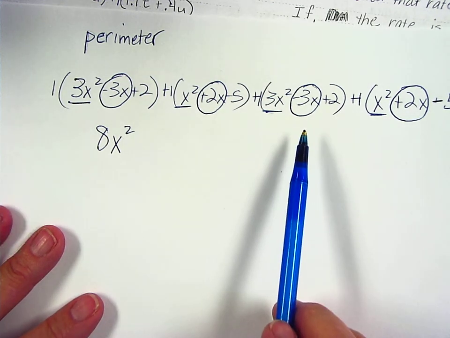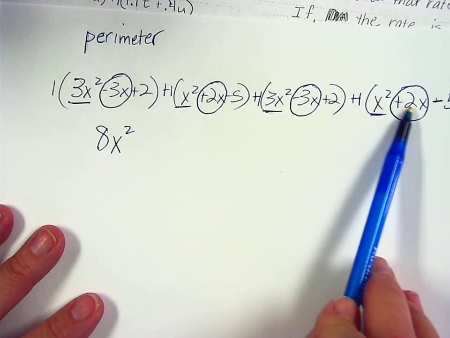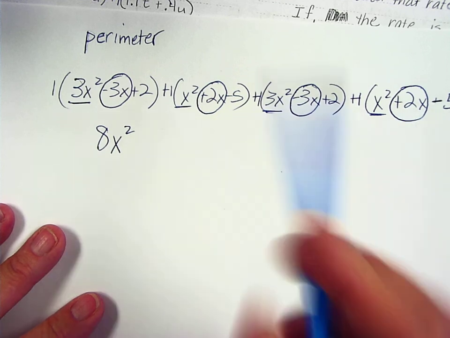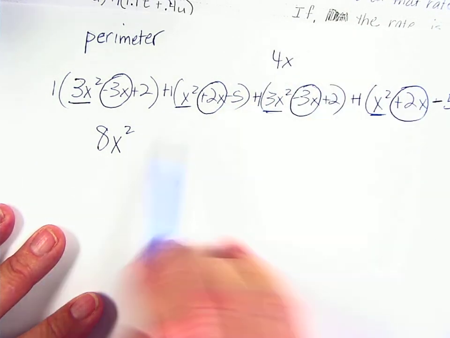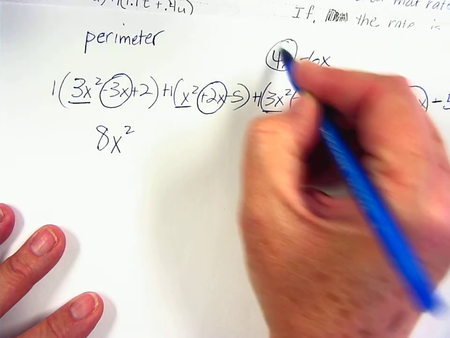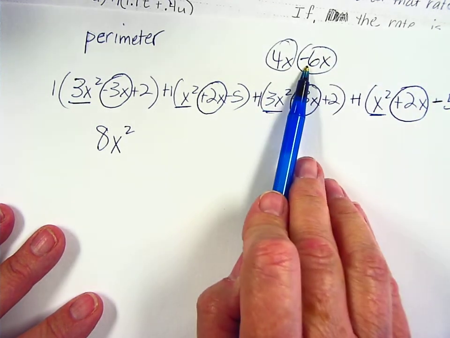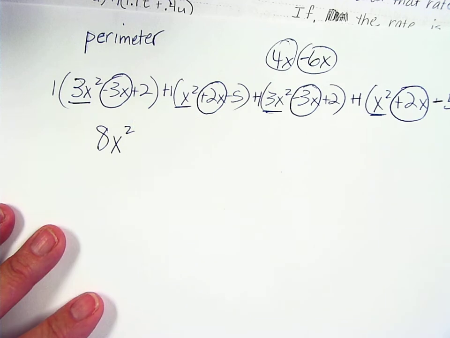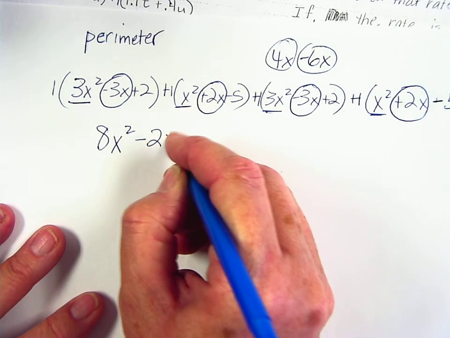And if I combine those, we got 4 positive x's, and we got 3 and 3 is 6 negative x's. If I combine those, we have more negatives than positives. We're going to have 2 extra negative x's.